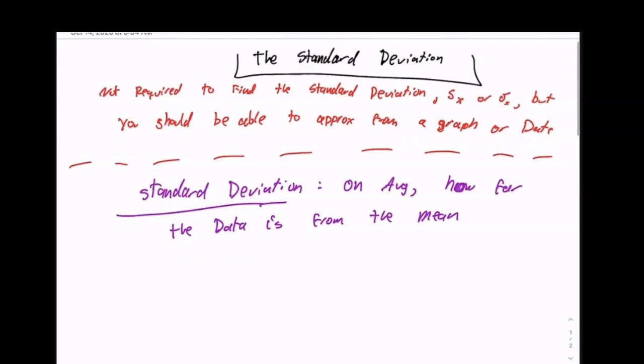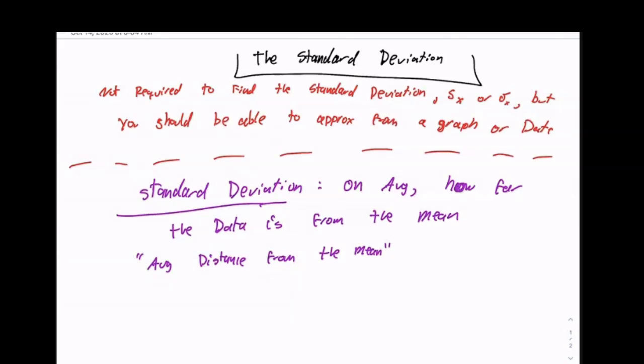Sometimes we will say this as the average distance from the mean. So what the standard deviation is telling us mathematically is, on average, how far away the values are from what the average actually is.